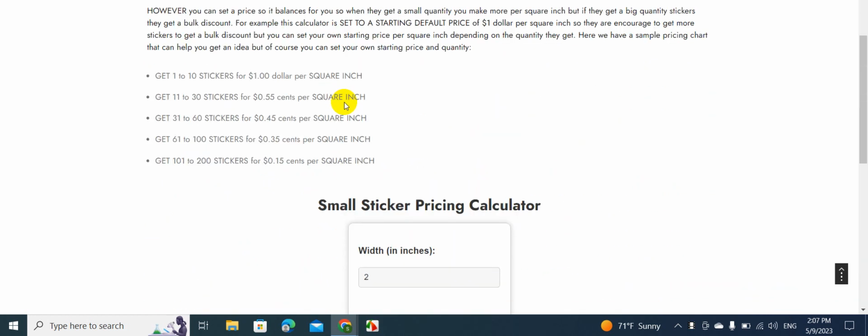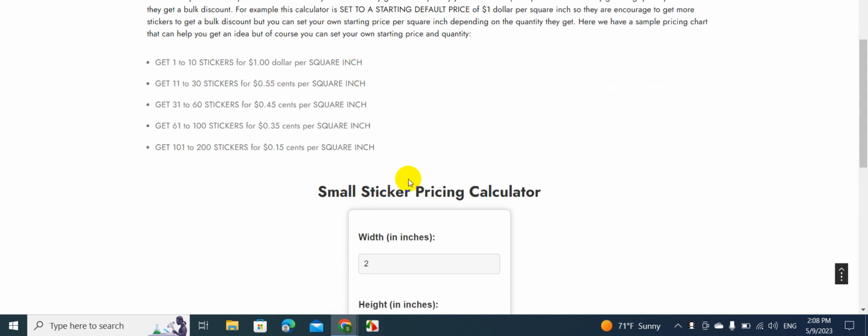And yeah, for me it saves a lot of time just remembering and following this formula, so I get an idea of how much I should charge per square inch depending on the quantity. Again, with small stickers, you should charge for every inch of material you use, so it's fair for you and you don't lose money.